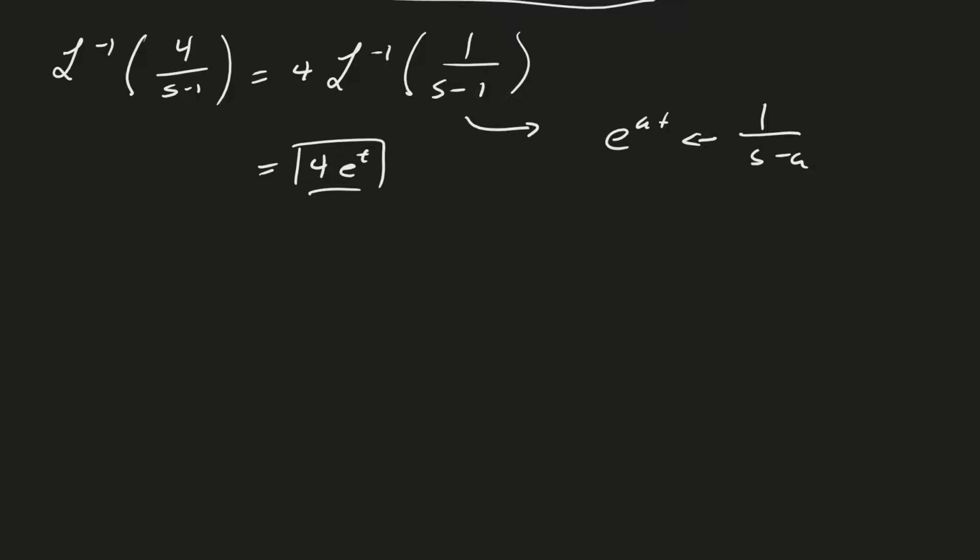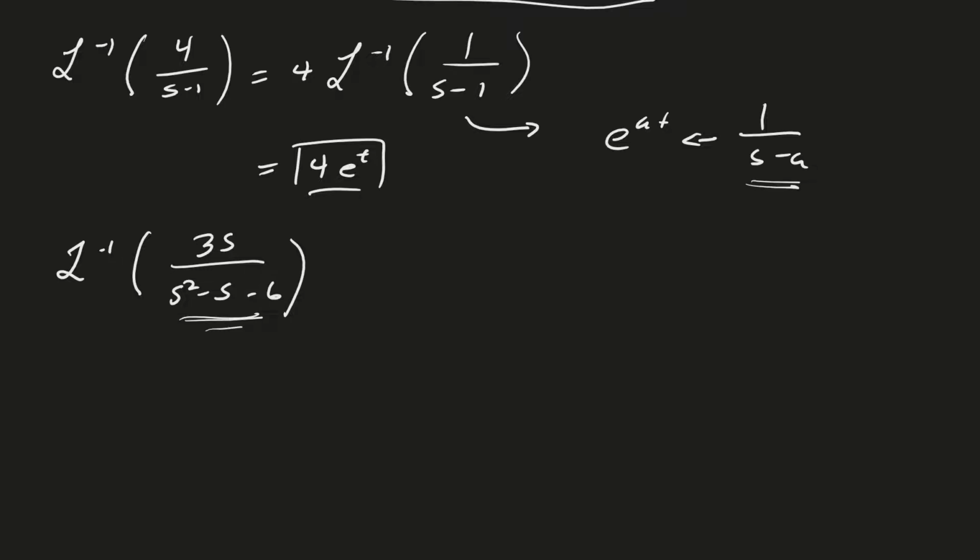Okay, similarly, let's find the inverse Laplace transform of 3s divided by s squared minus s minus 6. Now if I look at the table, I'm not going to find a nice polynomial like that.